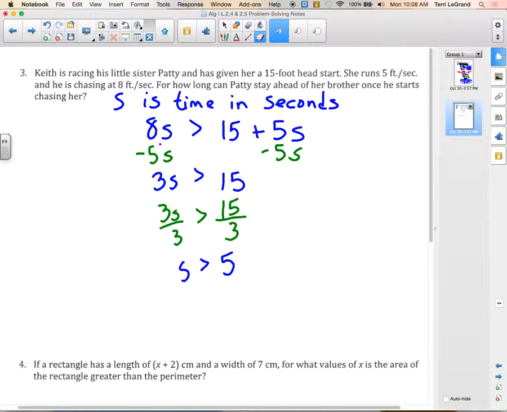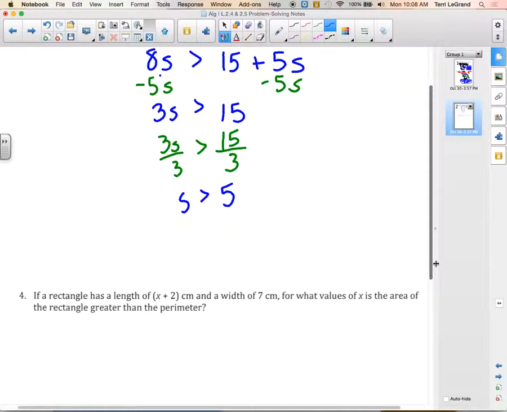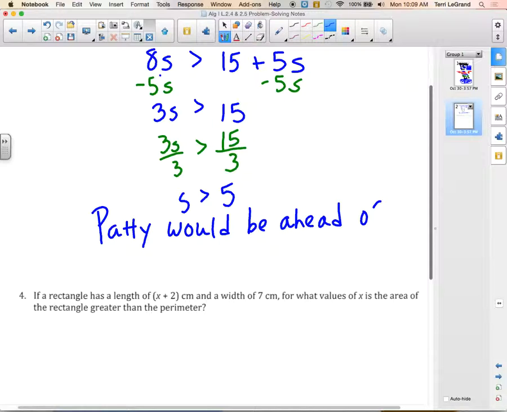And now we're ready to answer our question. Patty will stay ahead of her brother for 5 seconds. And after that, what happens? He catches up and passes her, right? Okay, so let's write: Patty would be ahead of her brother for up to 5 seconds.